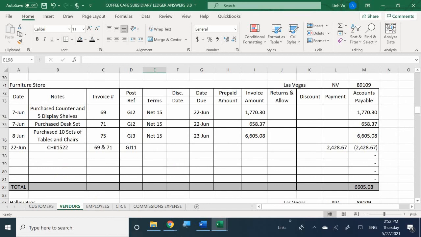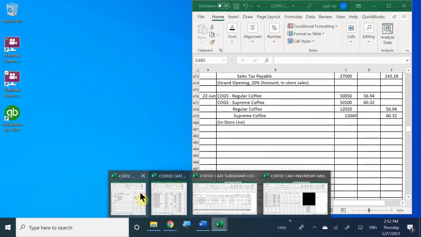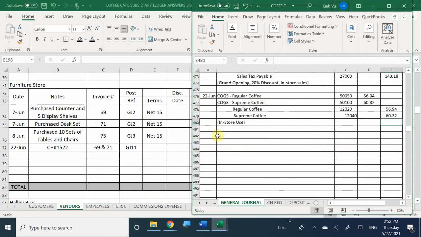Those account numbers are 20,000 and 10,100.